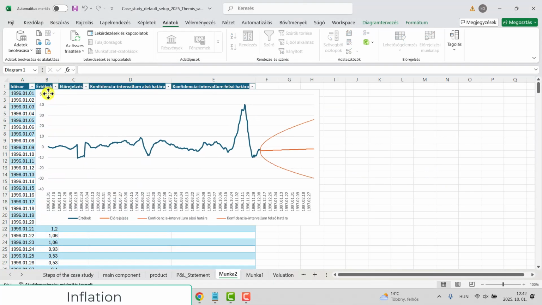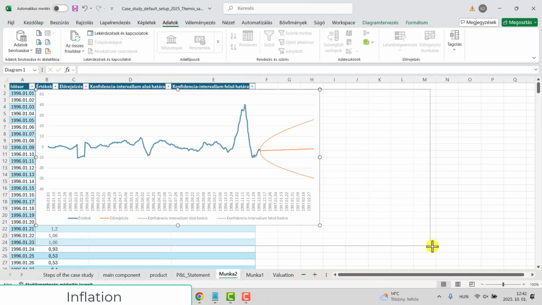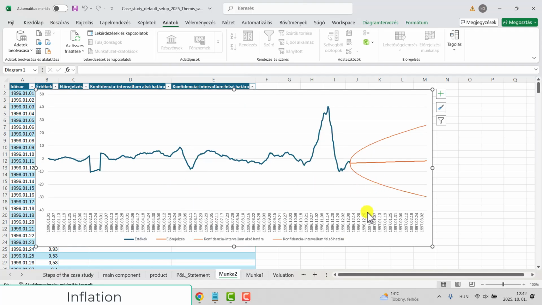So this is what we can get from Excel if we have proper dates. Right now we can ignore what is happening here in the level of dates.